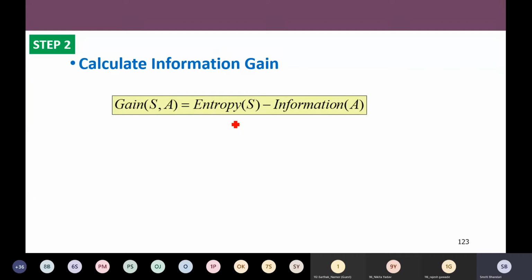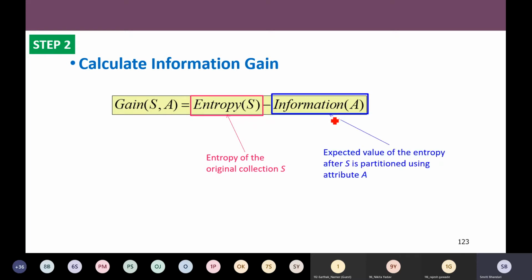So while computing the information gain, we have computed the entropy of S. This is the entropy of the original collection S, that is the data set. Information A is the expected value of the entropy after S is partitioned using attribute A. So we have computed this information for attribute A also.